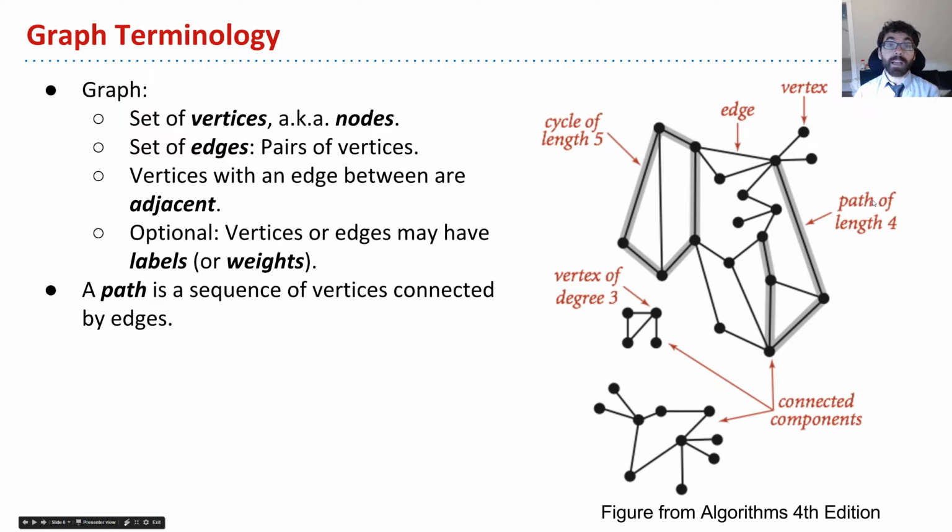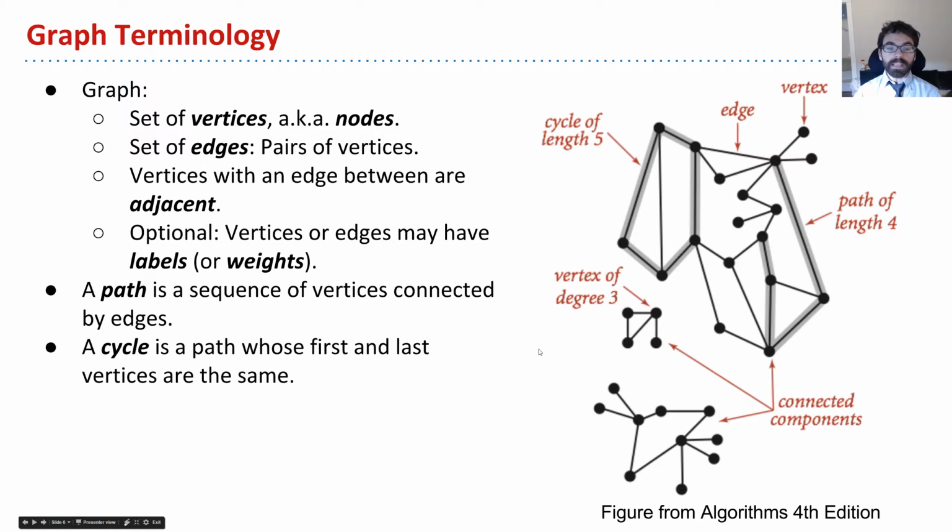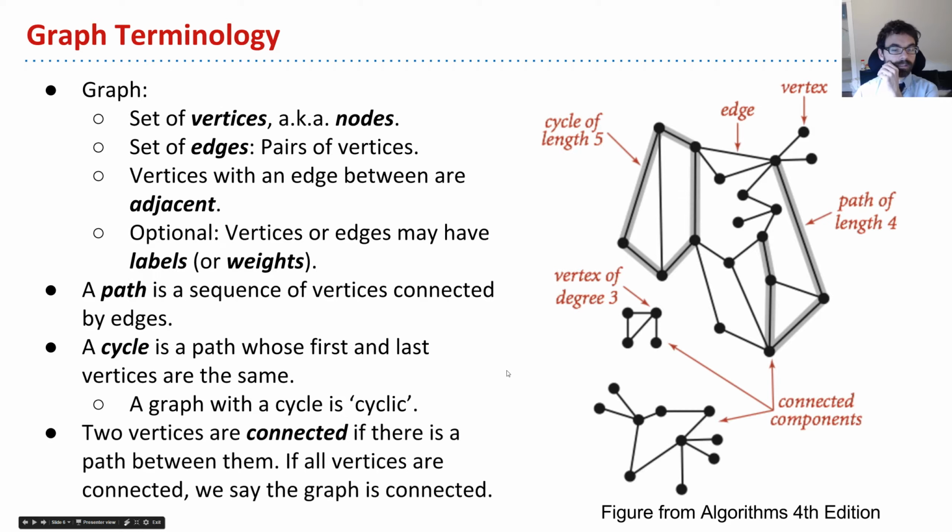We'll say that that is a path of length 4. A cycle is going to be a path whose first and last vertices are the same. This path here goes right back to where it started, and that's a cycle. Those two terms I used loosely before; these are their rigorous definitions. Any graph that has a cycle is called cyclic, and if it's not, it's acyclic.